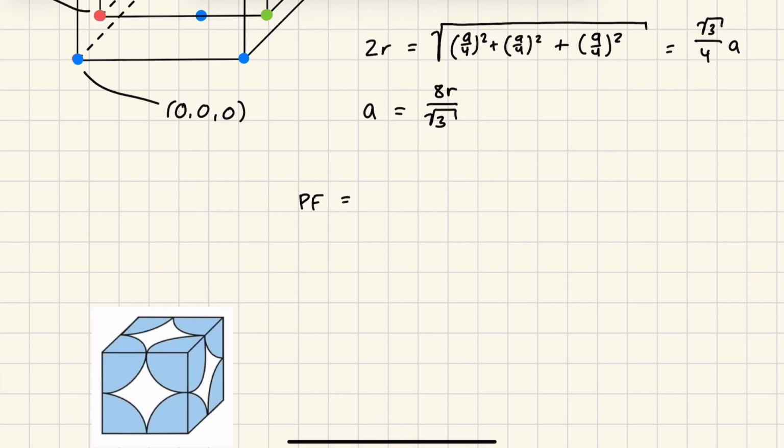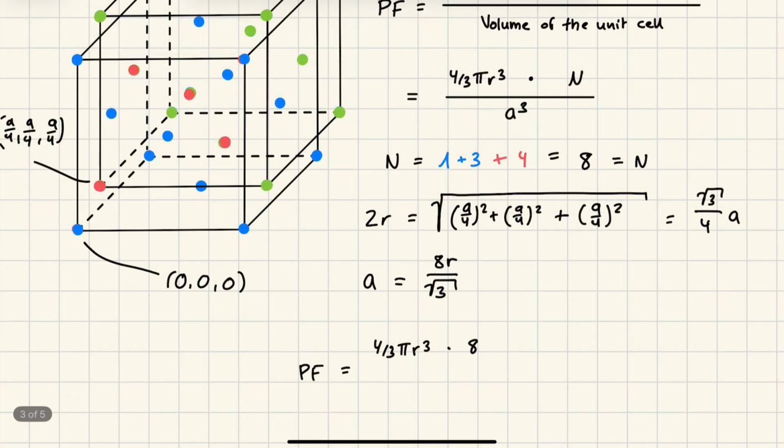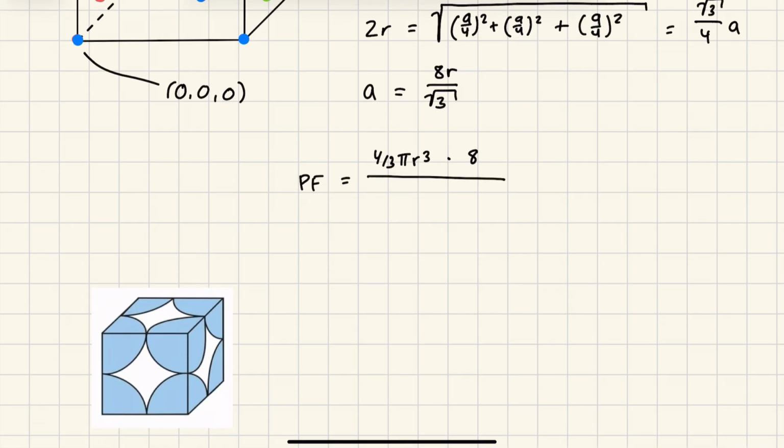Packing fraction equals the volume of our atom, which is 4 over 3 pi r to the power of 3, times the total number of atoms inside our diamond cubic unit cell, which is 8, because we found n to be 8, divided by a to the power of 3, and we found a to be 8r over square root of 3, to the power of 3.